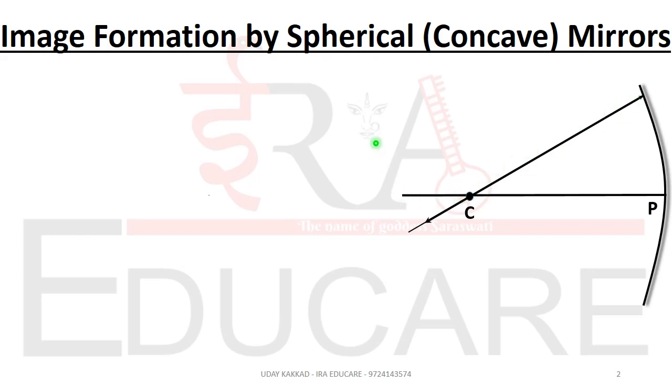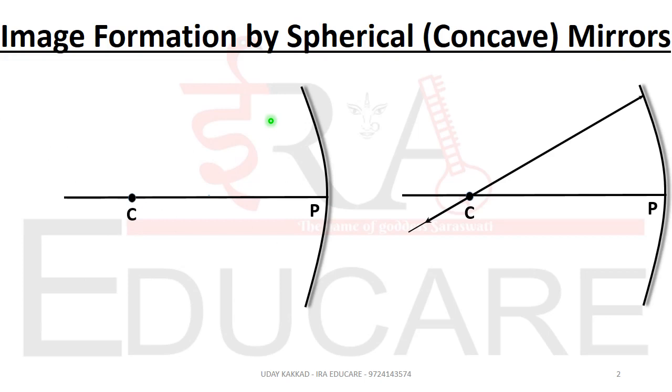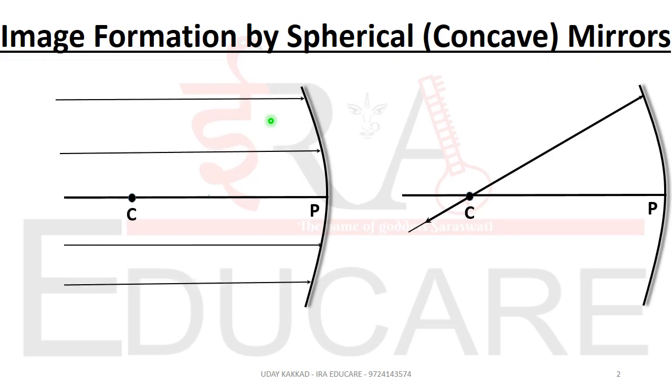Now let's take another ray, okay, a ray which is parallel to the principal axis. You can see that here four rays are there, and they are parallel to the principal axis. Why does this happen? When your light source is at infinite distance, at that time the rays become parallel, right?